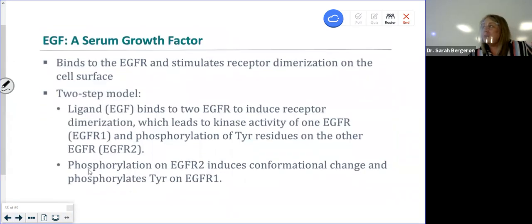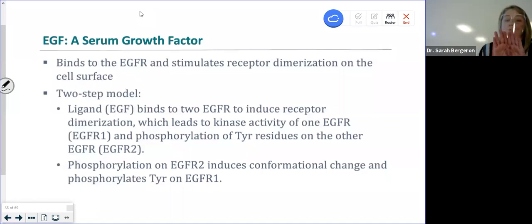So let's talk in particular about one. We're going to talk about the EGFR, right? Epidermal growth factor is the serum growth factor. Epidermal growth factor receptor is the receptor, right? So the growth factor binds to the receptor and it stimulates dimerization. We already talked about that. So what we see is a two-step model.